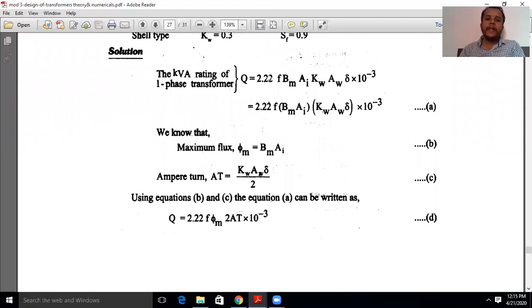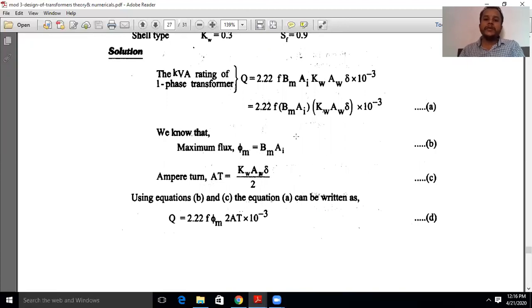Whatever the Q, again this is a single phase transformer. This is the equation. The maximum flux is given by the equation phi m is equal to Bm Ai. Then the ampere turn equation, that is AT is equal to KW AW delta divided by 2. So using equations B and C, equation A can be written as follows.